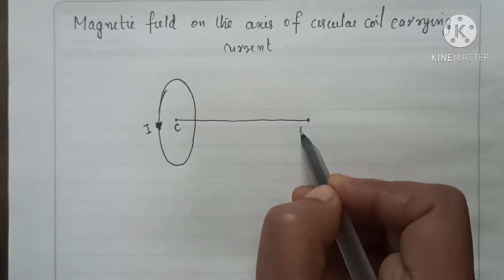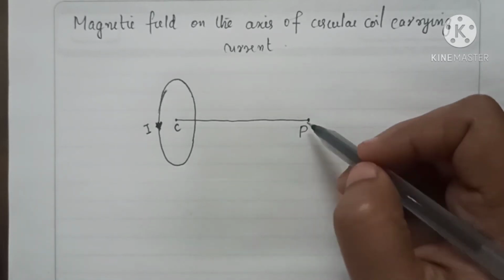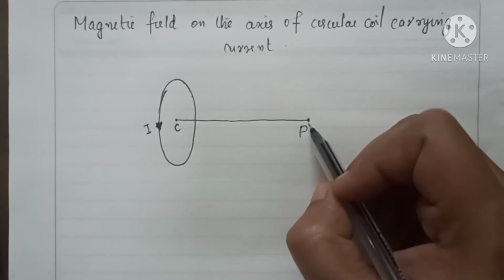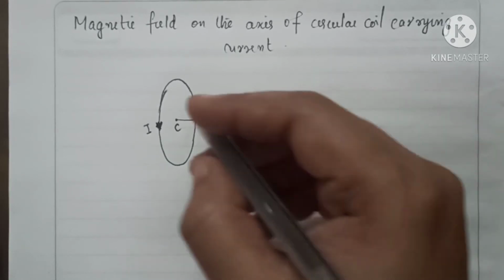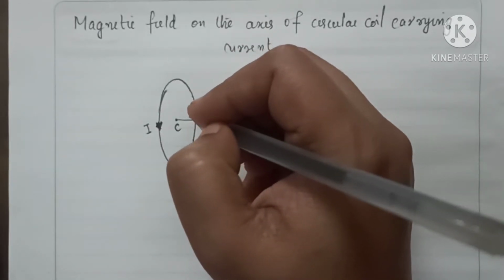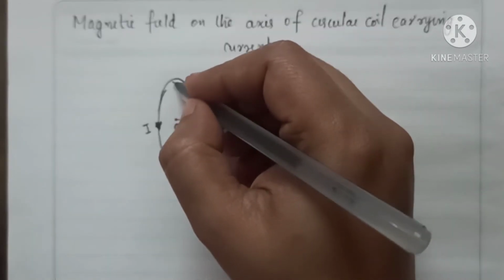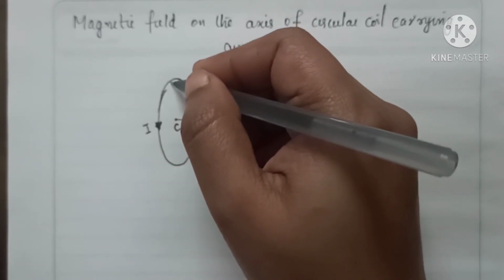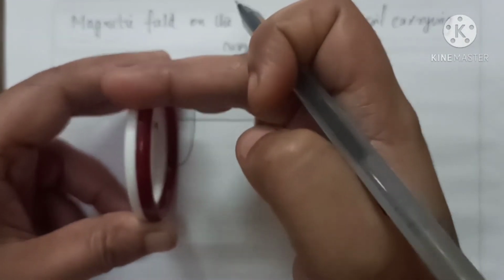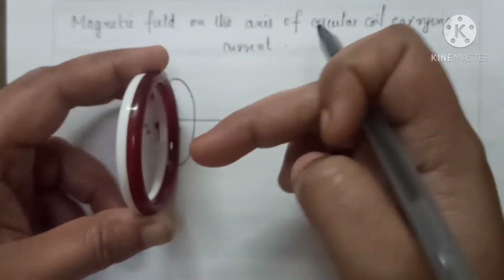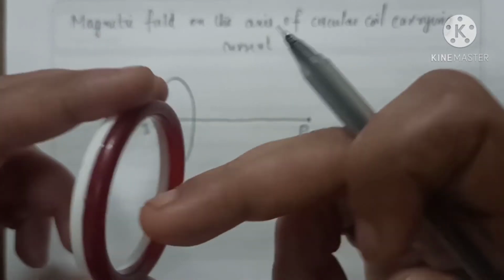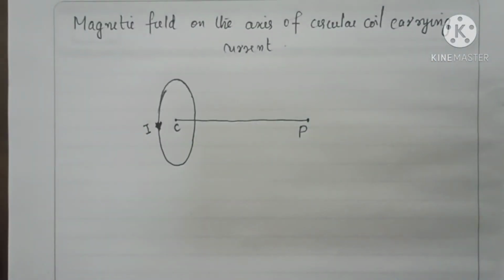Now at this point we have to find the magnetic field, and then we have to consider the current element on this circular coil. So here if you are considering the current is moving like this, that is, at the top point the current is coming like this, and at the bottom point the current is going like this, okay. So directions are different.